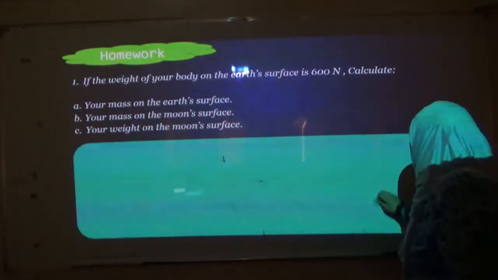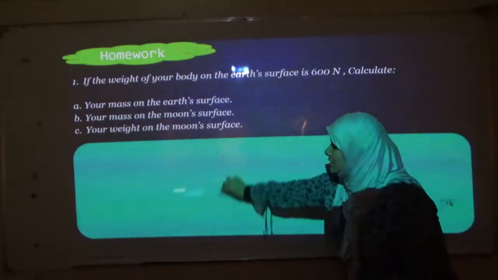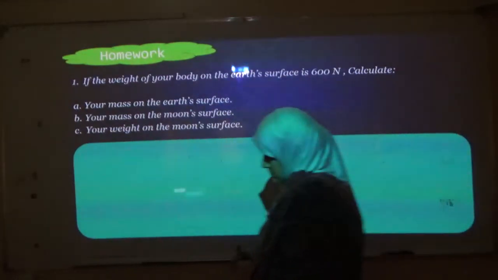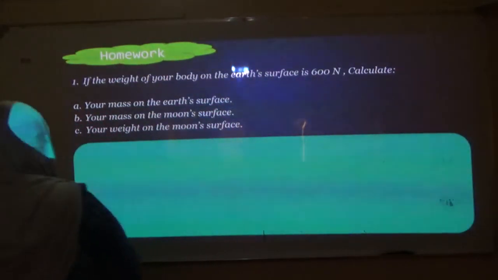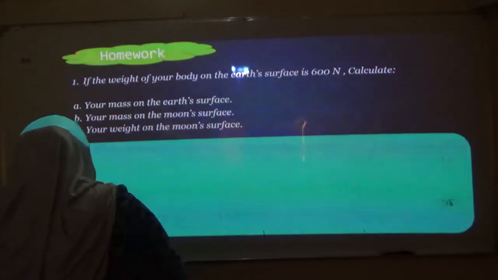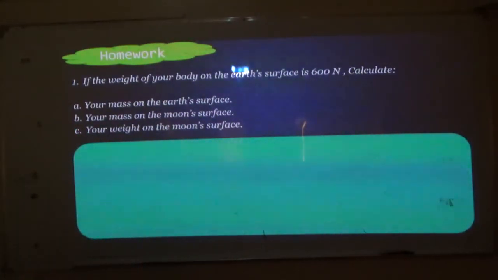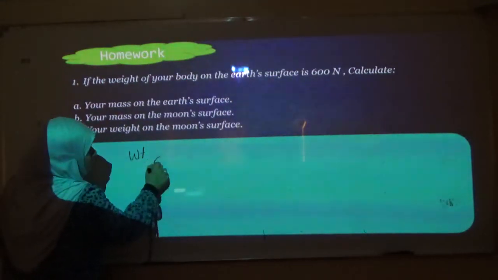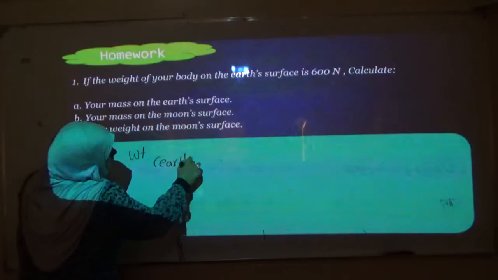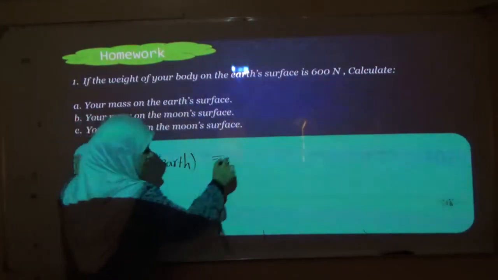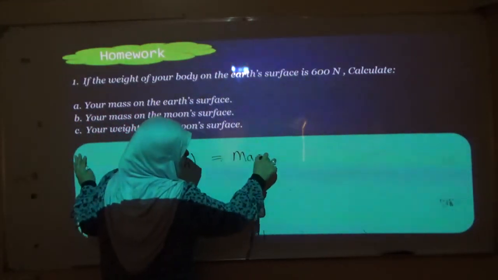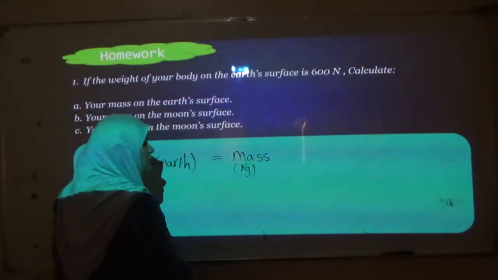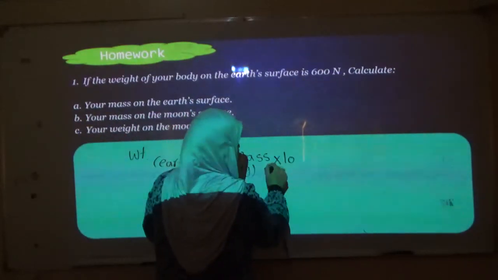In this question, I want to explain a very simple idea. We all know that for any object on the Earth's surface, we can measure its weight through a mathematical rule: the weight on the Earth equals mass, measured in kilograms, times 10.